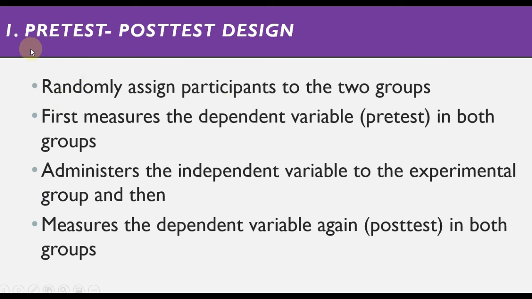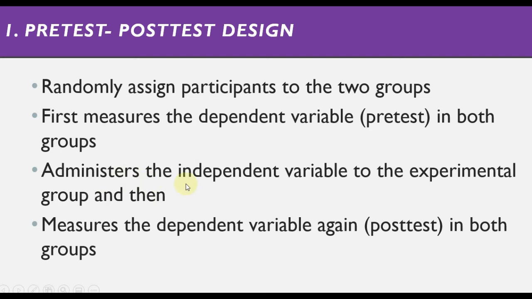Now, let's move to this type of true experiment, which is number 1, the pre-test post-test. Randomly assign participants to the groups. Okay? So, meron kang control group at saka meron kang experimental group. First, measure the dependent variable or pretest in both groups. I-measure mo yung pretest ng control group at saka experimental group.